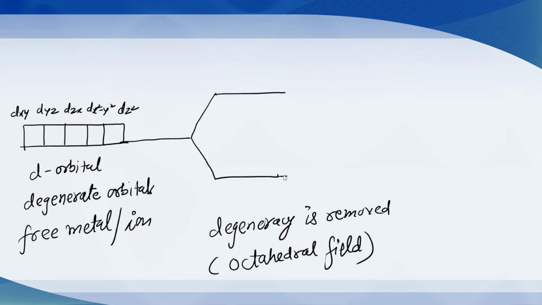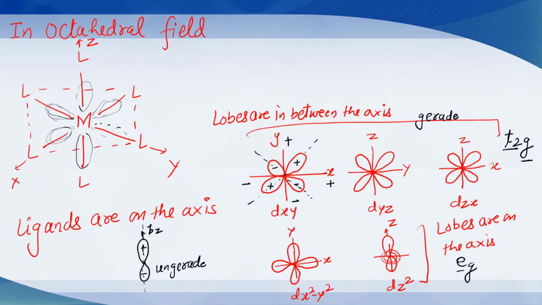So the energy of which orbital is more? Tell me. Eg or T2g, which has higher energy? Yes, Eg, because in Eg, ligands and lobes are head on to each other.